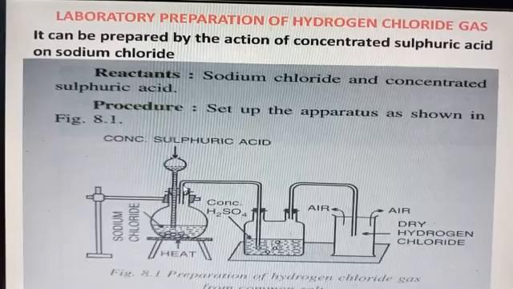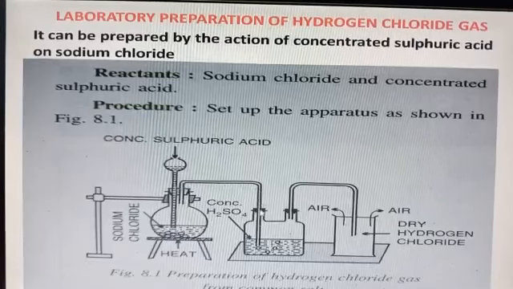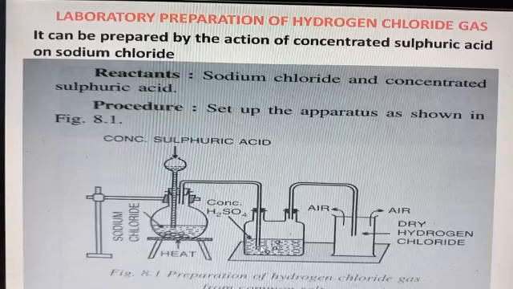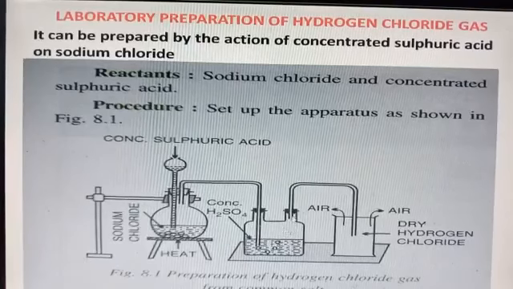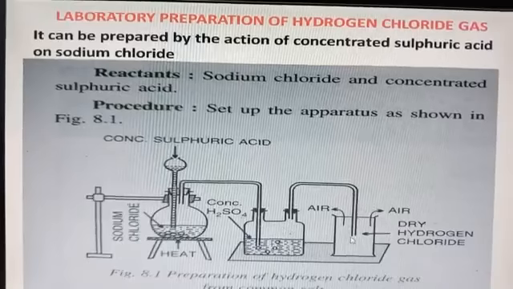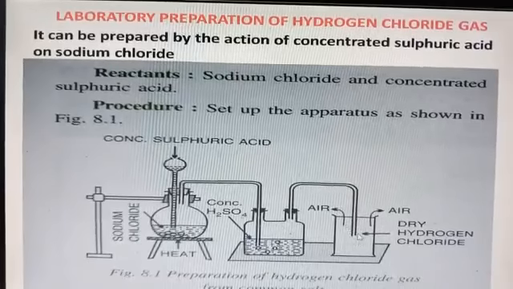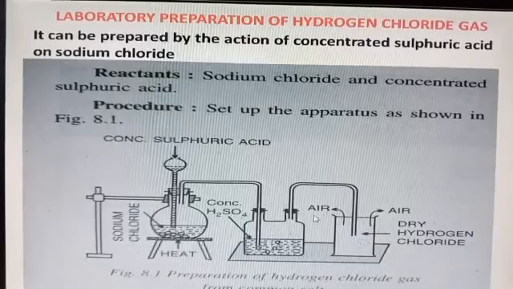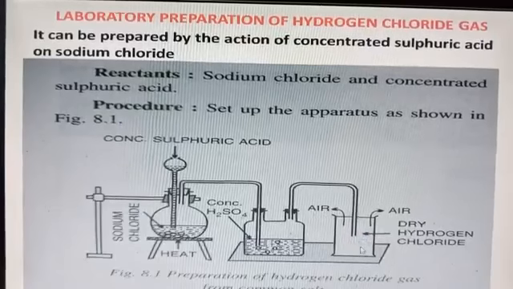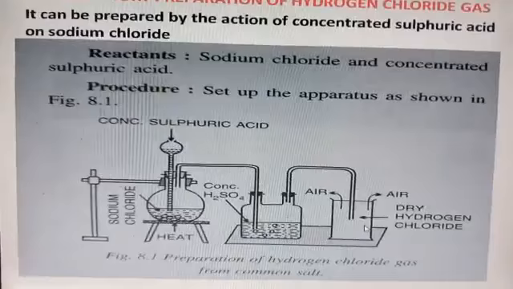This moisture is dried by passing the gas through concentrated sulfuric acid kept in the washer bottle, and through the other end of the washer bottle the dry gas is collected in a jar by the upward displacement of air. That means it is understood that dry hydrogen chloride gas is heavier than air. It is not lighter but heavier than air.